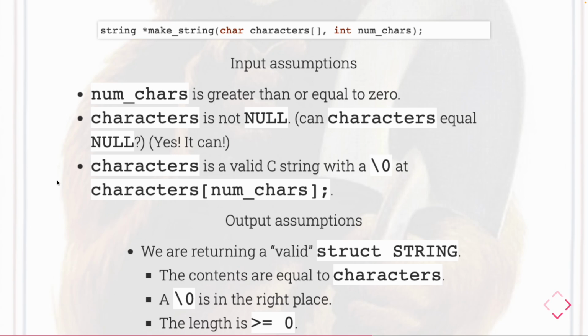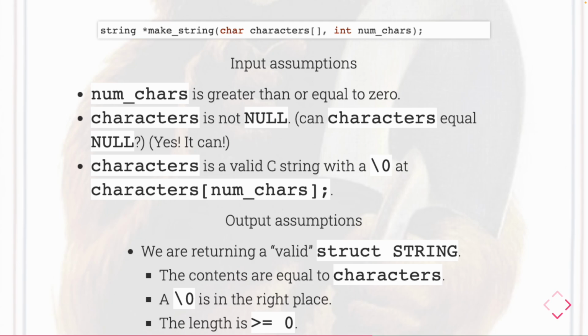So where we left off, we were talking about assumptions for a method or for a function. What things need to be true for a function to work correctly, and what things should be true about the output of a function that has worked correctly.